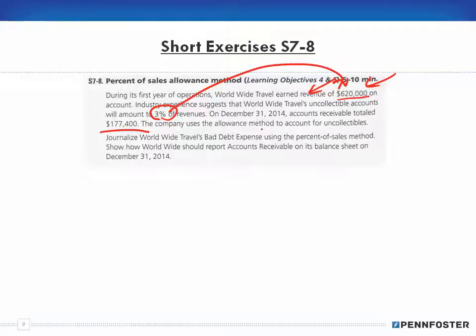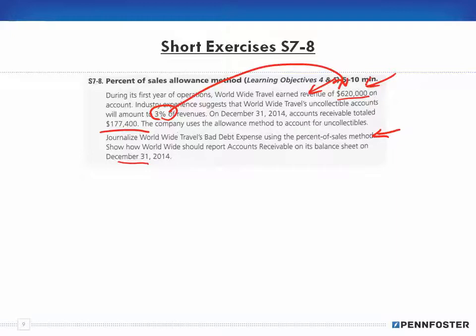And if you have the allowance method, you can either use the percentage of sales method or the aging method. So in this case, they're telling you we're not using direct, we're using allowance, and in the allowance method, we're using the percentage and not the aging. Journalize Worldwide Travel's bad debt expense using the percent of sales method. Show how Worldwide should report accounts receivable on its balance sheet on December 31st, 2014.